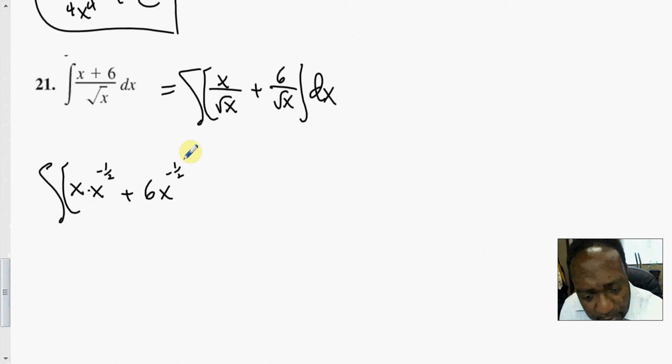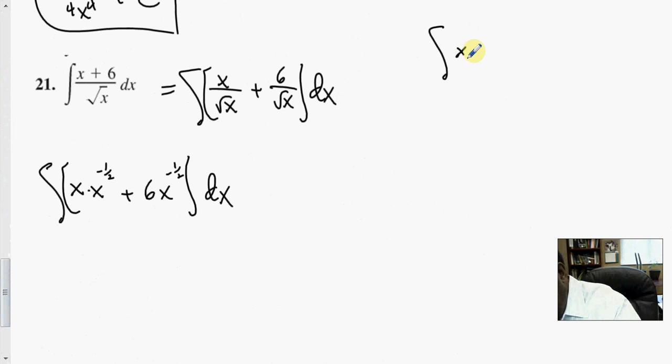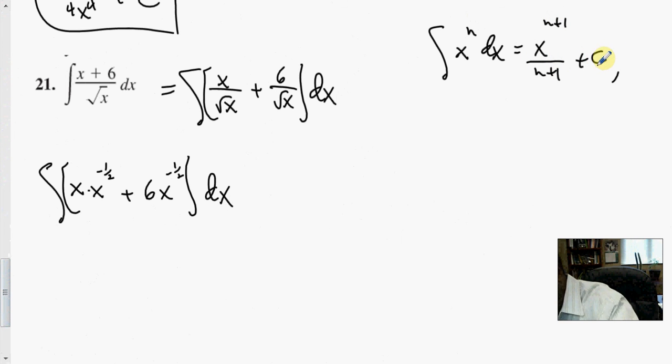We want to write the terms with respect to the power rule. The integral of x to the n dx is x to the n plus 1 over n plus 1 plus c, where n is not equal to negative 1.